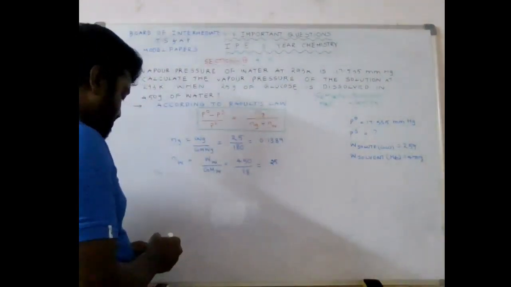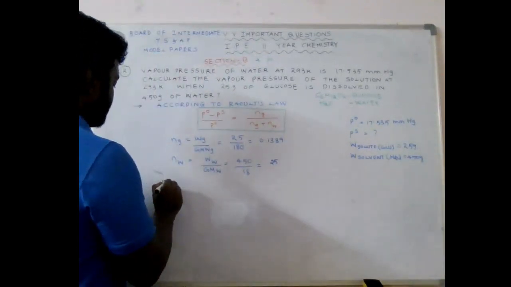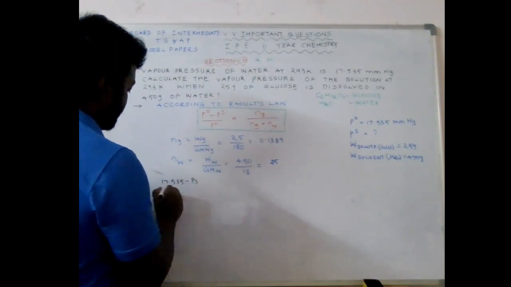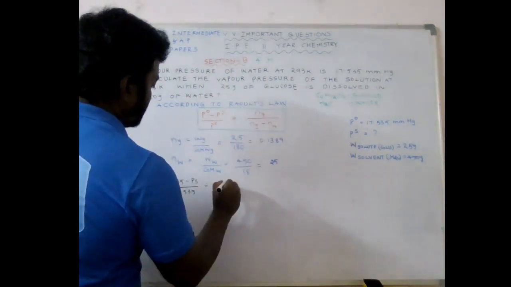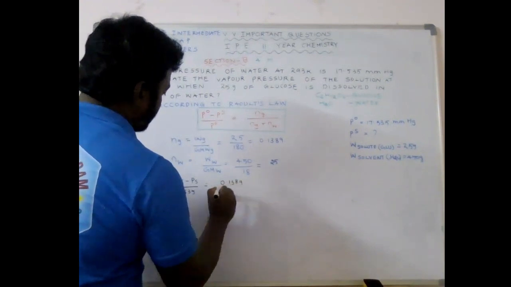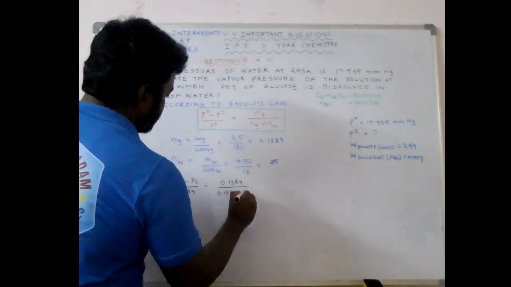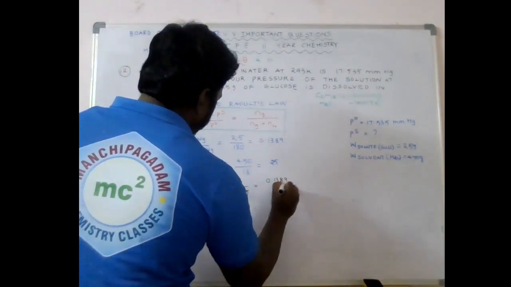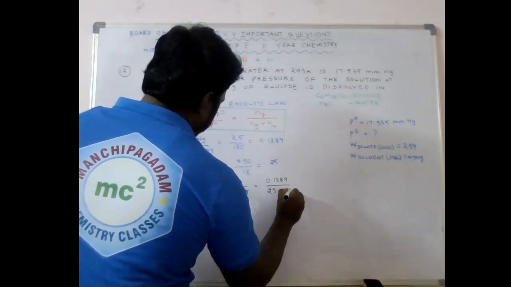Now all the values we have, we just have to substitute. P naught is 17.535, and PS we have to calculate. So (17.535 minus PS) by 17.535 is equal to the number of moles of glucose, 0.1389, by 0.1389 plus 25, which is 0.1389 by 25.1389.